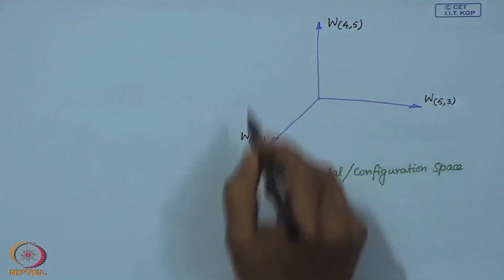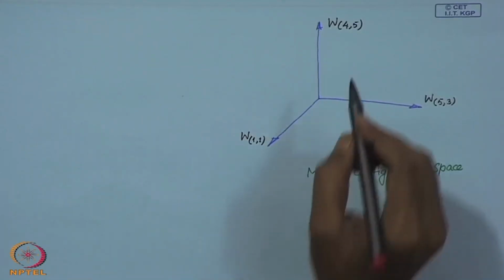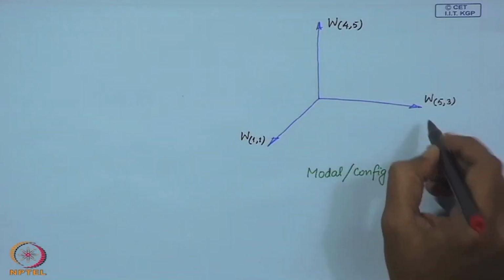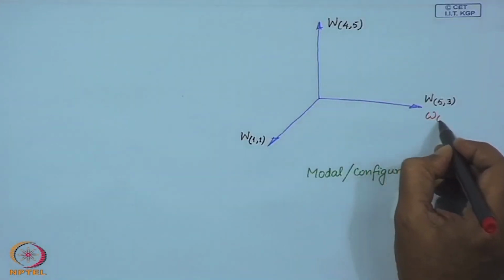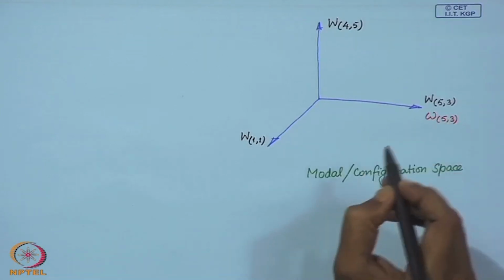So, in this modal space in which I have drawn only 3 of these orthogonal eigenfunctions, you see this is an eigenfunction corresponding to omega 53.